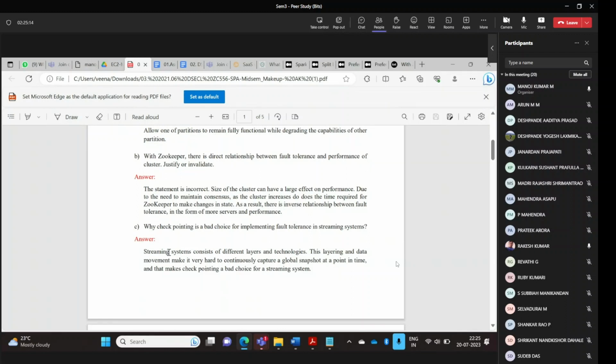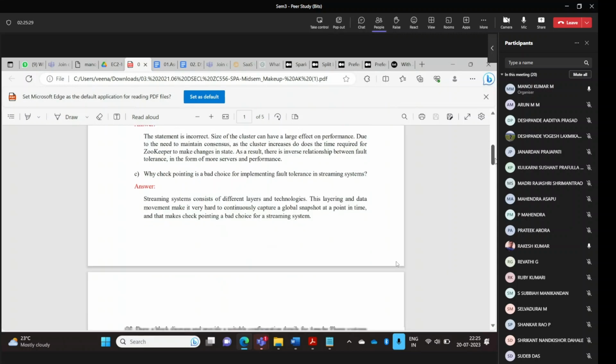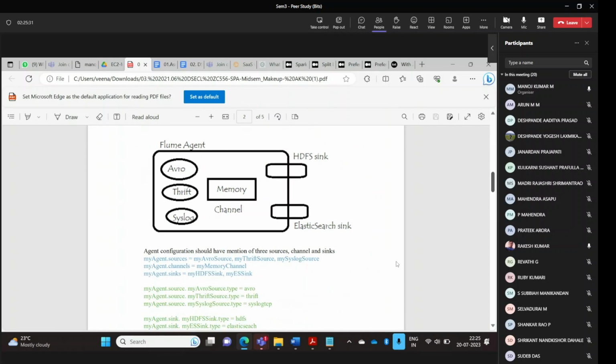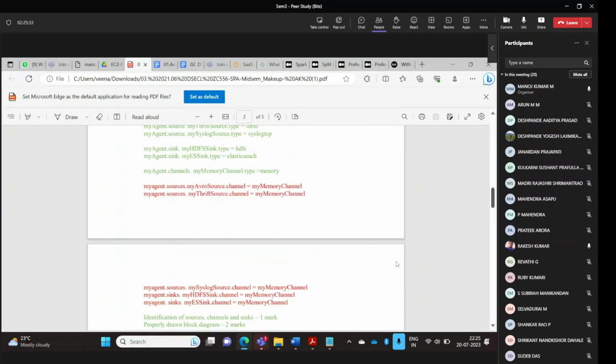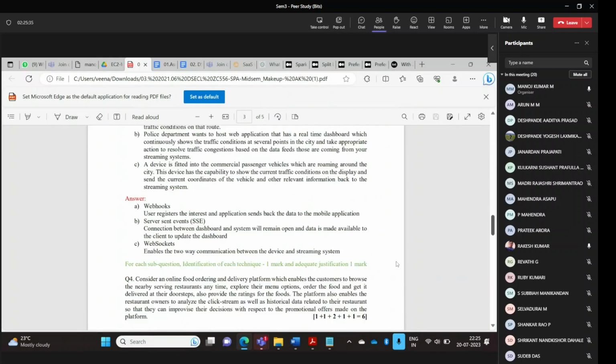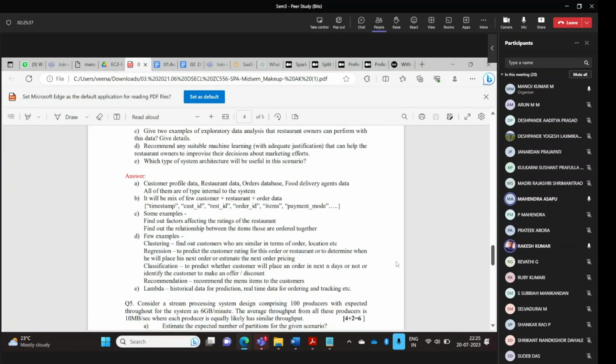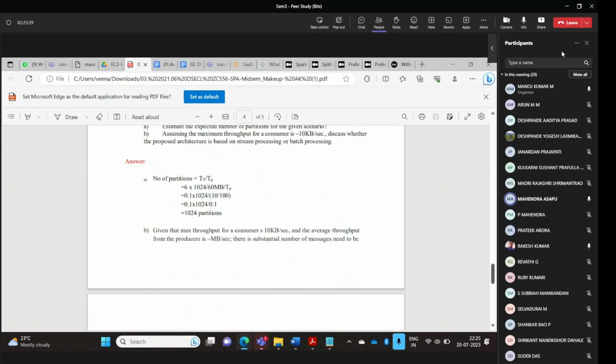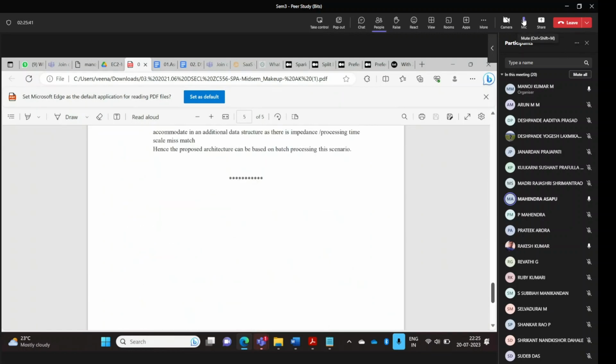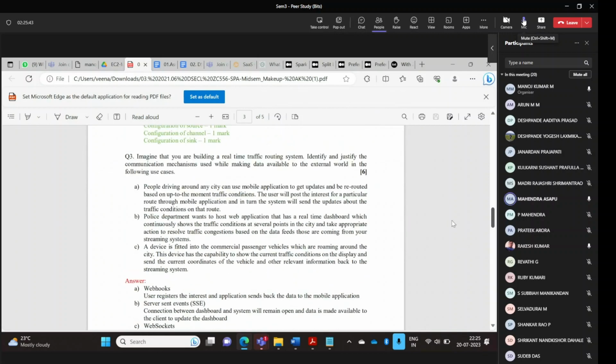Has anyone any idea whether this solution was given by BITS or if it's from our team? I don't think it's our team, it's BITS, right? It should be BITS only. Will the TA check and correct this, or do we need to correct it?